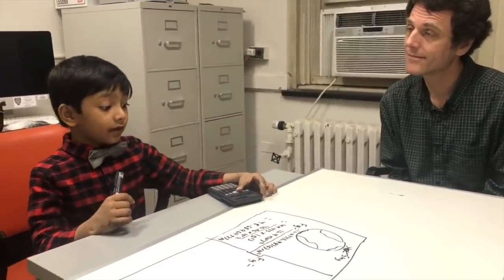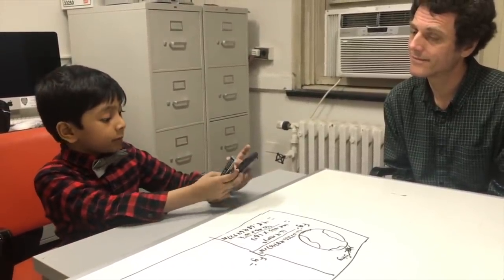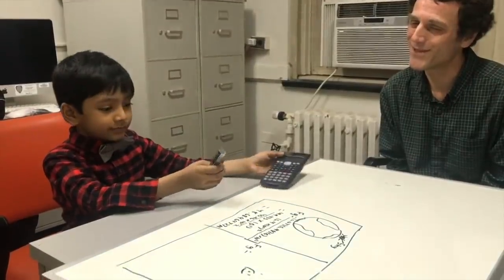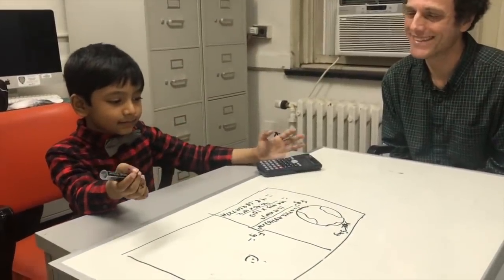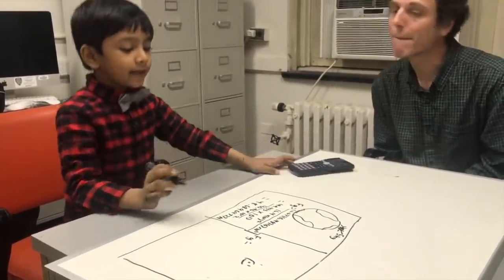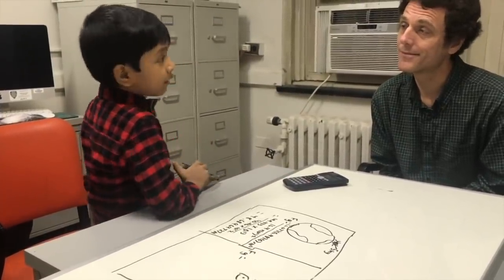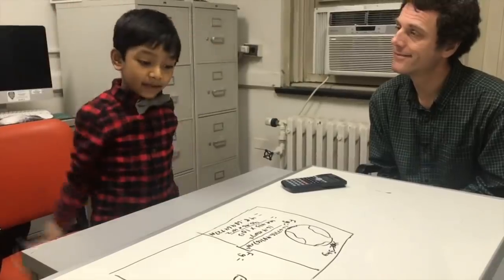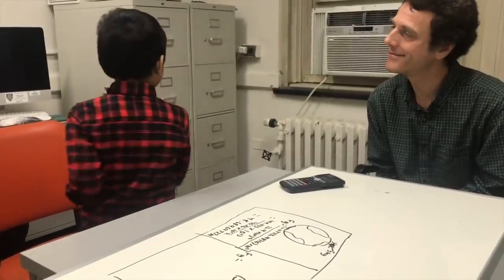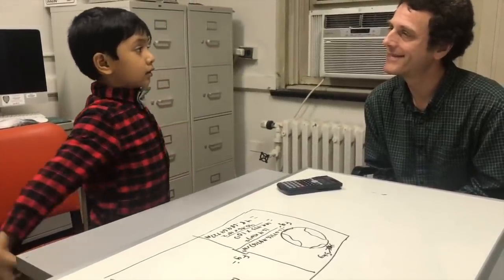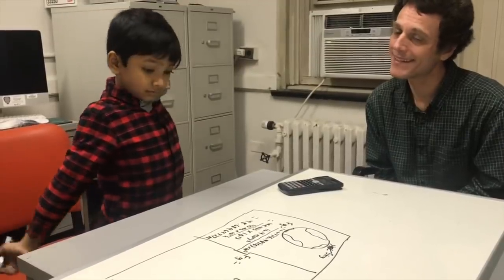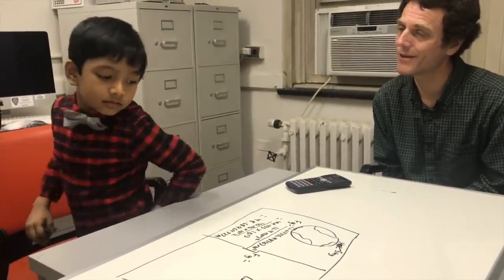Okay. But that's nothing compared to the force of gravitation on a black hole. What's the force of gravity if it's near a black hole? The radius of a black hole is pretty small. So that's why the top would be pretty big. And that means it's a whole lot bigger. Can you figure out what the force would be?